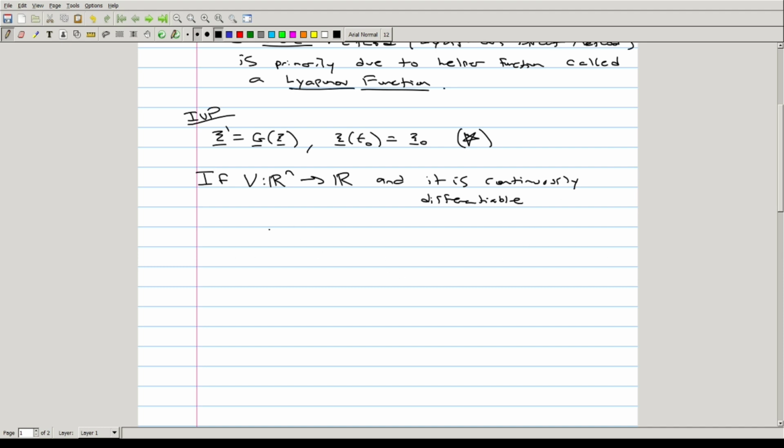And consider what happens when we take the t derivative of v, where all of the variables depend on t. This is the t derivative of the composition of the function v on the curve xi of t, which is a solution to our differential equation.